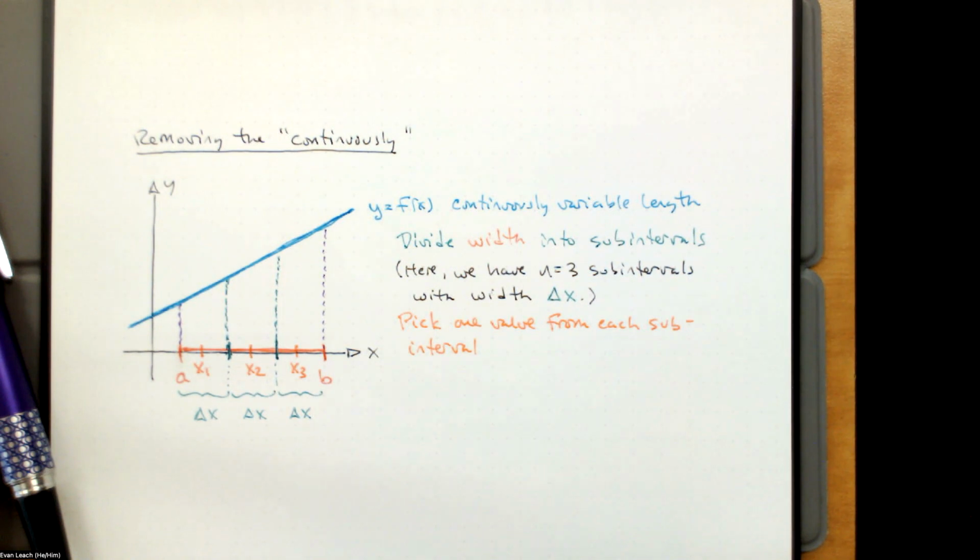We're going to pick one value from each subinterval. That's a representative of that subinterval. We evaluate the function there. That's going to be the height for that whole subinterval. It's representative democracy right here. From that district, that first delta x district, they elect one value from that district to represent the whole district.